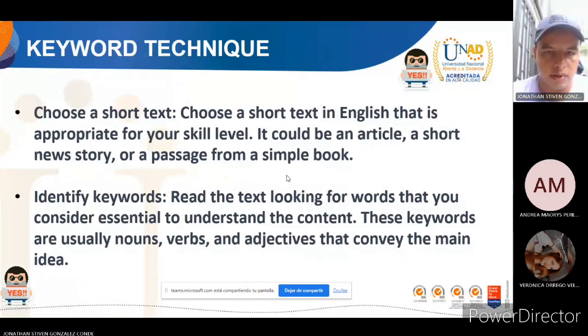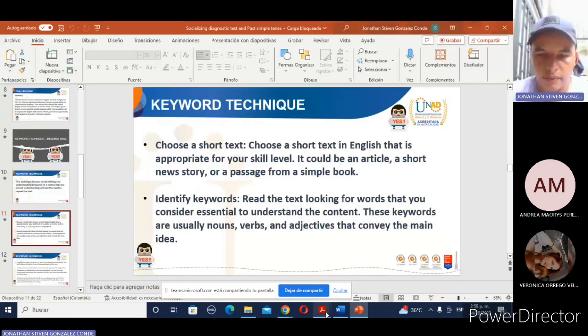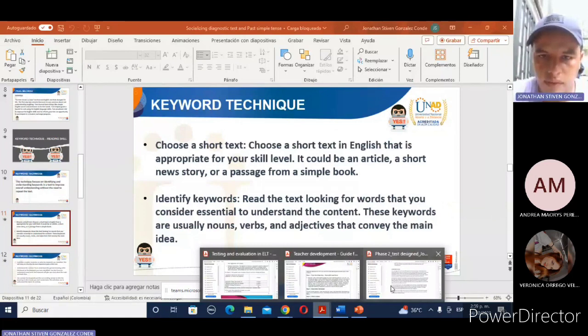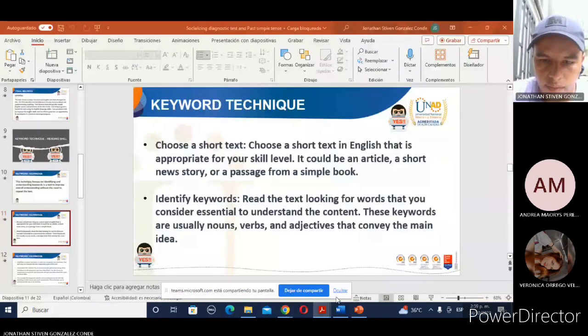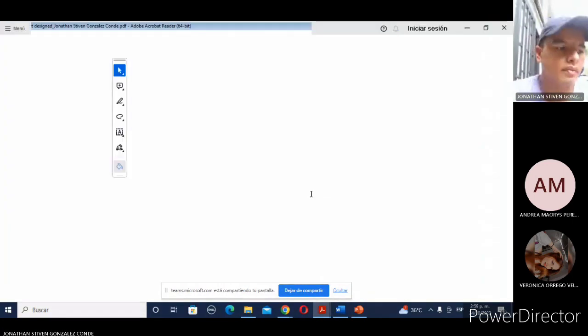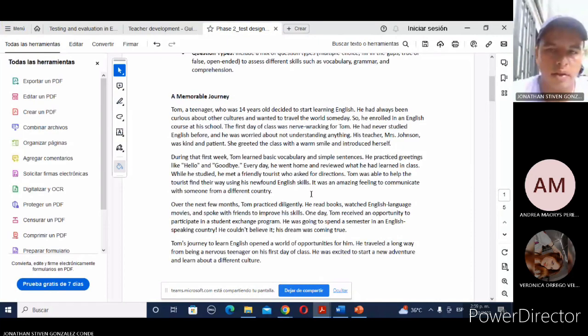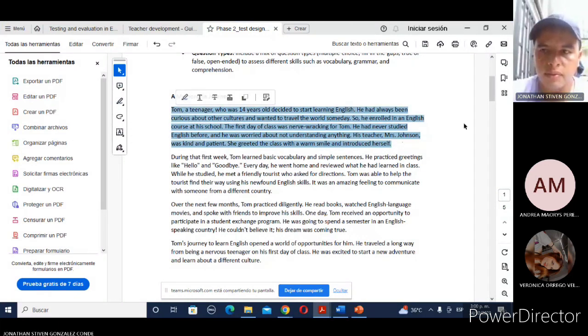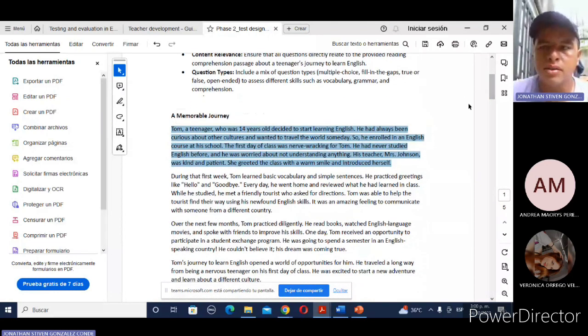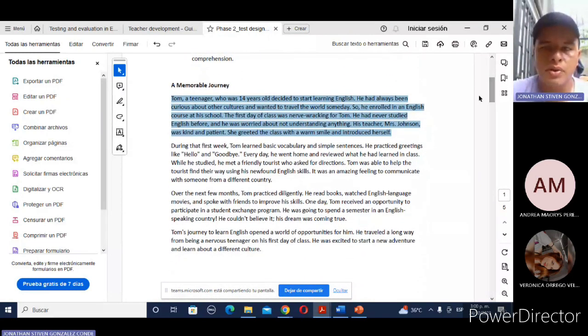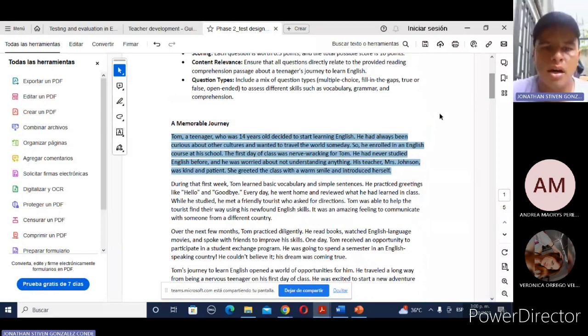Let's see the example, okay? For example, read this paragraph and let me know what are the words that you consider are key words.